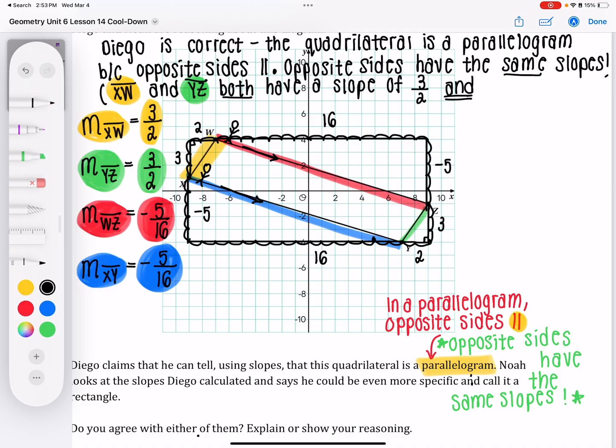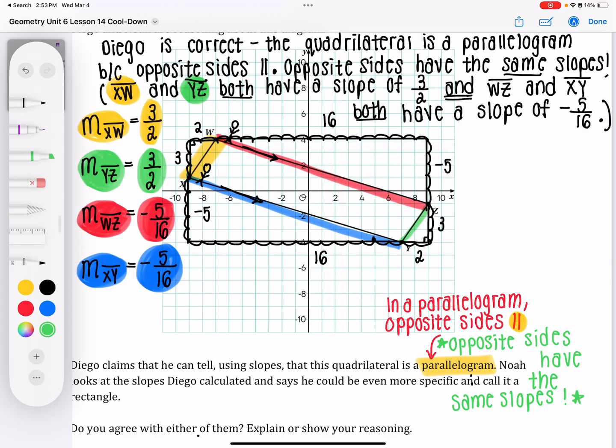I can say that line segment WZ and line segment XY both have a slope of negative 5 over 16. And let's color code those line segments so you guys can see that very clearly.